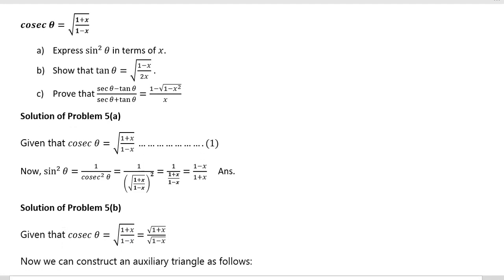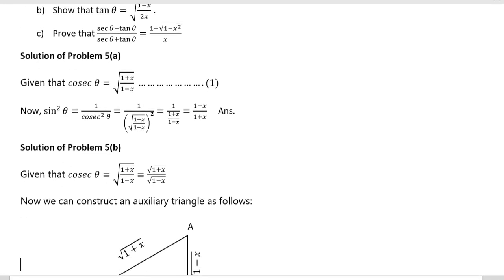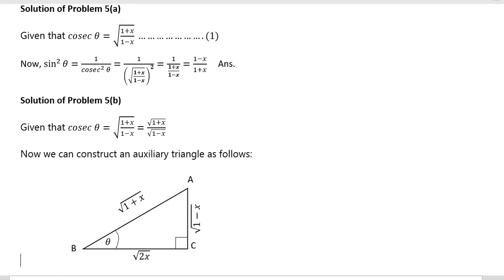So we will introduce a triangle here. This triangle is often called an auxiliary triangle. So now you can construct an auxiliary triangle as follows.